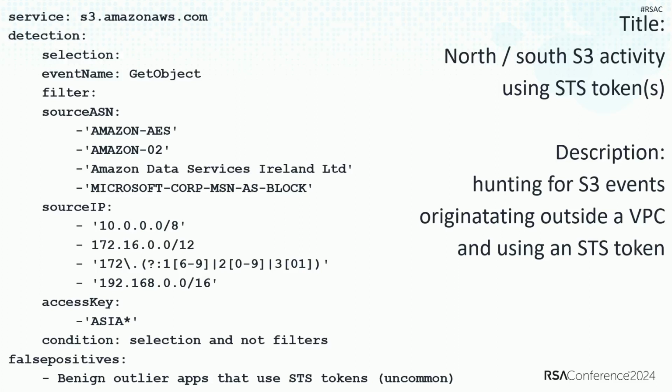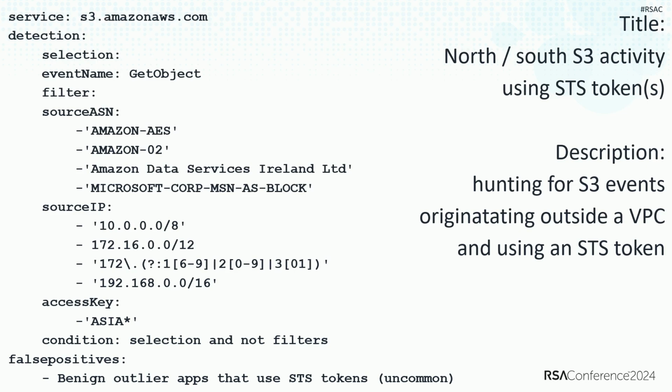In terms of hunting for this, it's pretty straightforward. This is north-south activity, meaning S3 activity coming from outside the account, but this time using STS tokens. So we'd be looking for similar criteria: it's not coming from the cloud provider, it's not coming from a private IP, and the access key starts with the string ASIA.